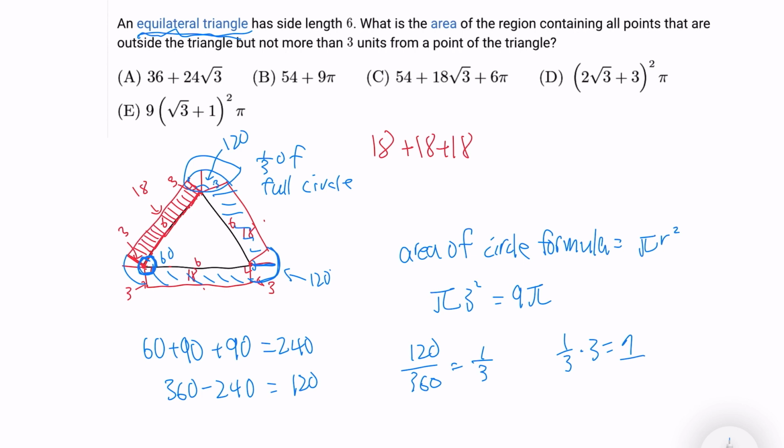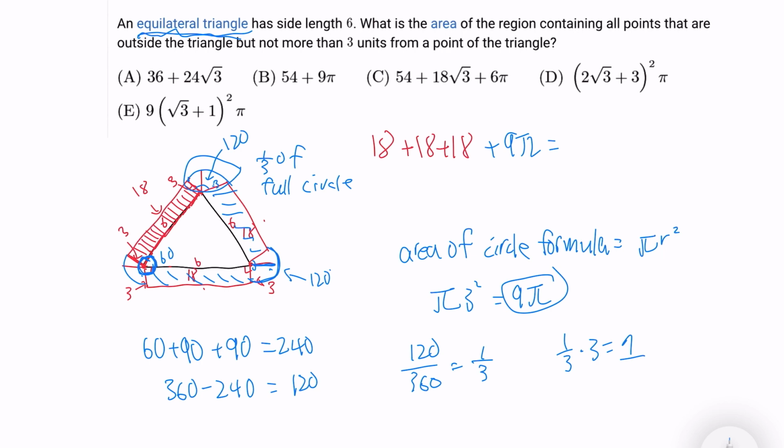If we put these together, that gives us 1 full circle, and the area of the full circle is 9 pi. So we can just add all of these up. We have 18 plus 18 plus 18, that is the area of the rectangles, and then we have 9 pi, which is the area of the circles.